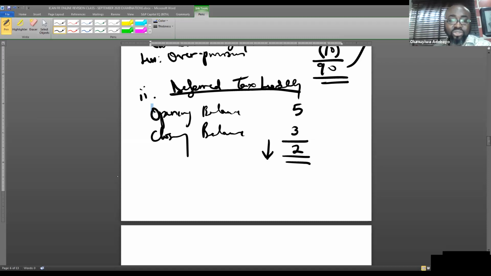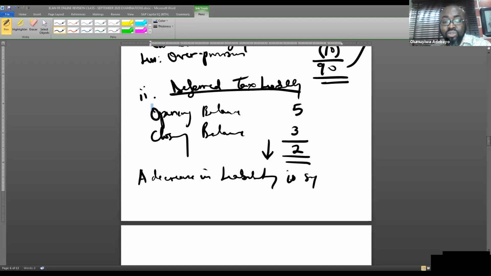Now, if you go back to the conceptual framework, a decrease in liability is synonymous to a recognition of an income.